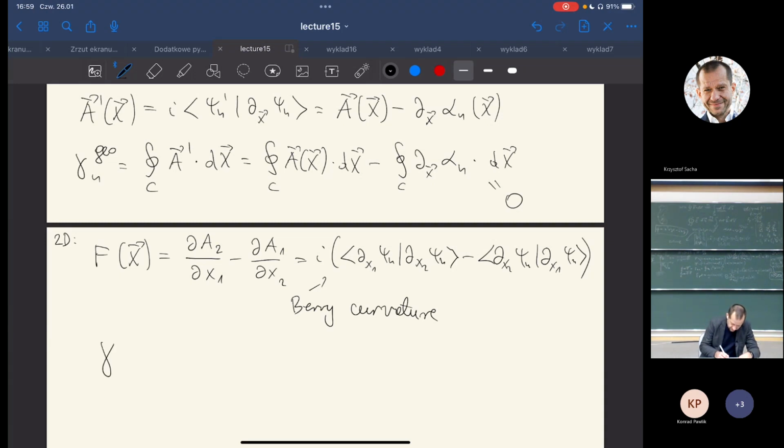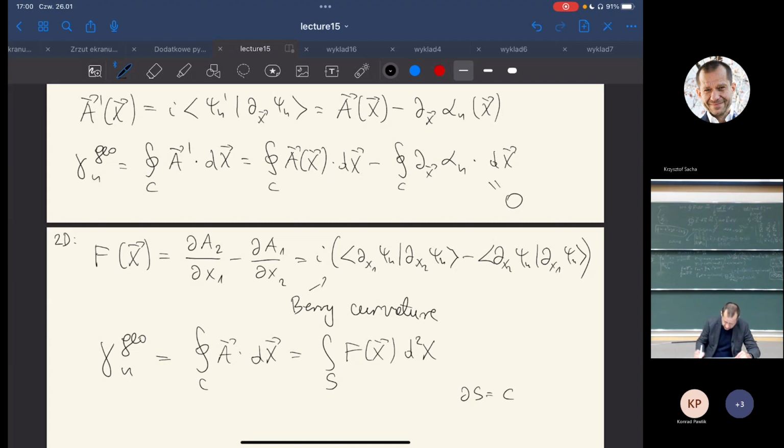And then the geometrical phase can be reduced by means of the Stokes theorem to the flux of the Berry curvature through the surface, where the boundary of the surface is our closed curve.